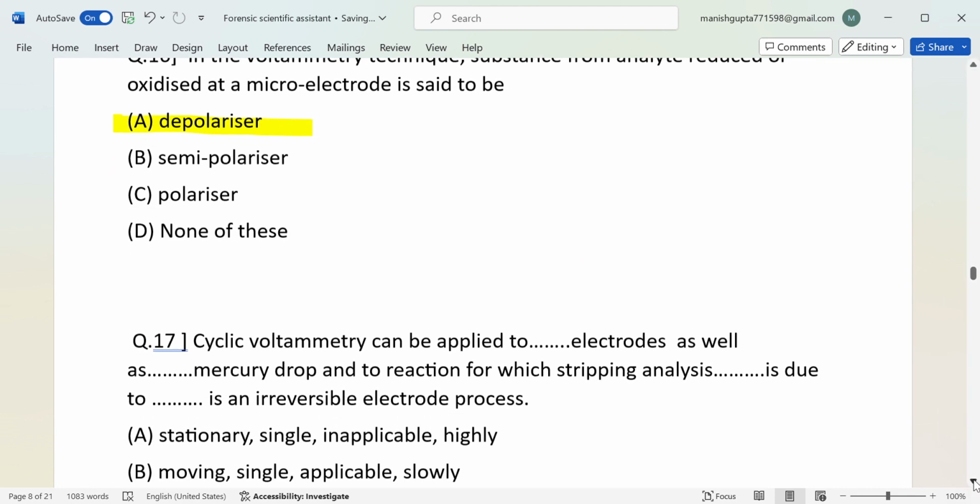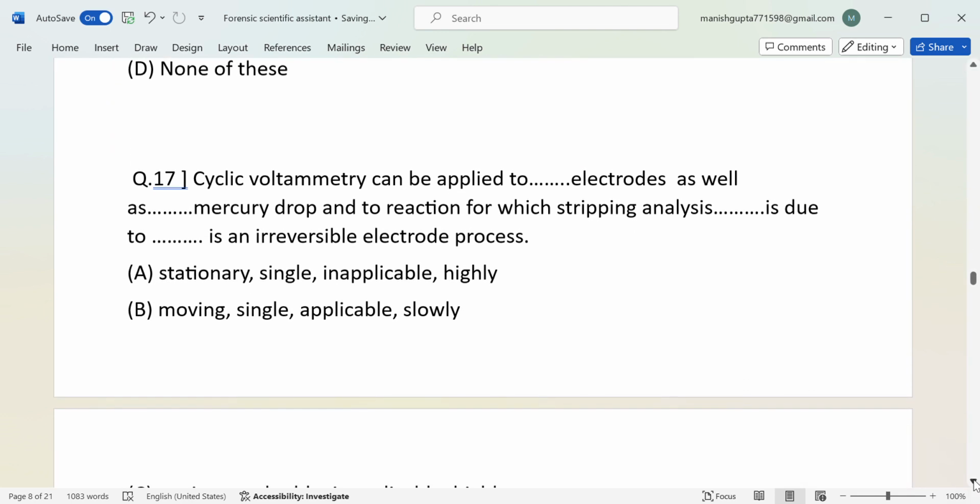Now we are going to see question number 17. Cyclic voltammetry can be applied to dash electrode as well as dash mercury drop, and to reaction for which stripping analysis dash is due to dash is an irreversible electrode process.